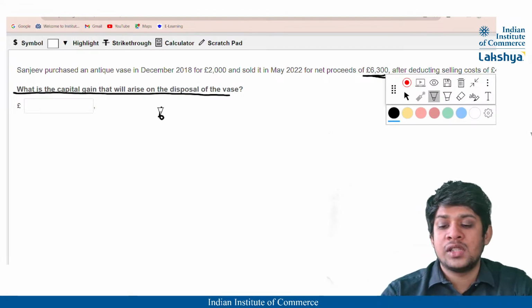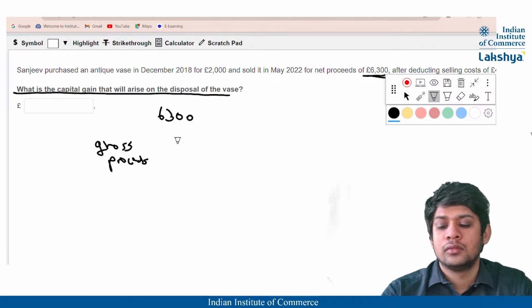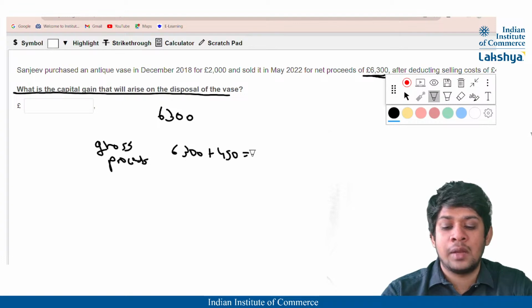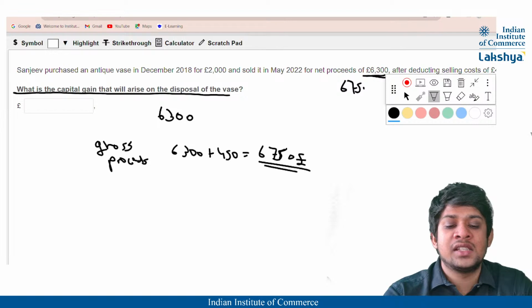Her net proceeds after the cost of disposal is 6,300, so her gross proceeds are 6,300 plus the cost of disposal 450, that is 6,750 pounds. Firstly, we'll do the normal calculation: 6,750 gross proceeds minus the cost of disposal 450 gives net proceeds of 6,300.